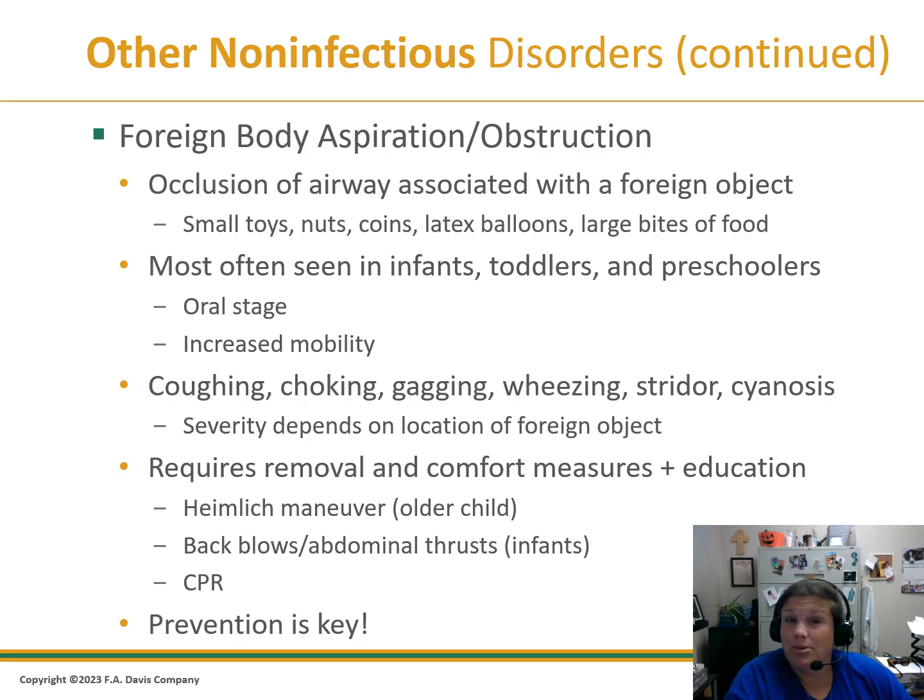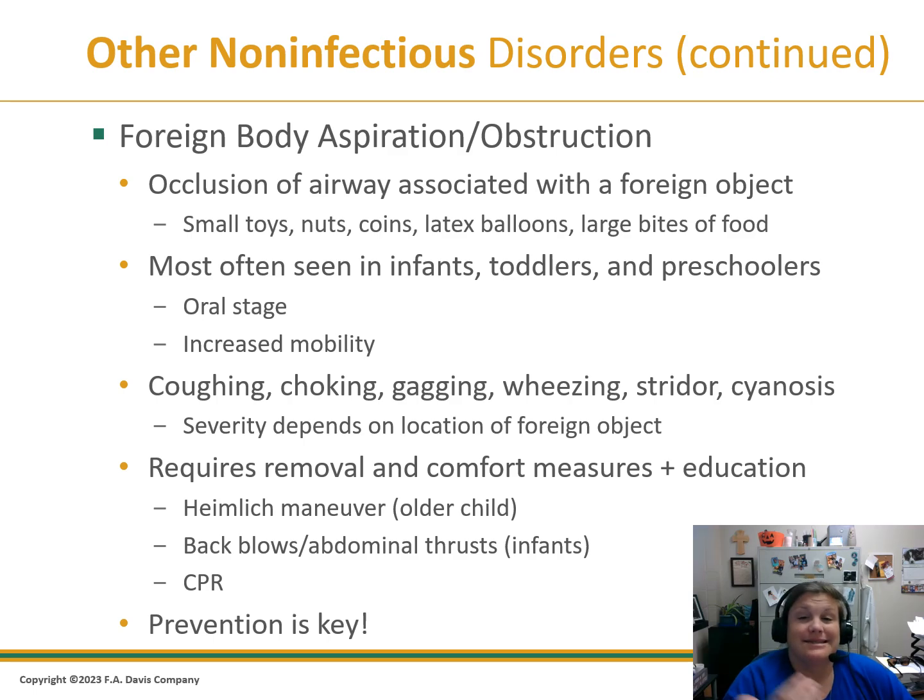That could be an edible object, like something that they ate that got stuck, like a nut or a hot dog or a grape or some popcorn, whatever. Or it could be an object that's not edible, like a small toy or a coin or a piece of a balloon, battery, okay, all different potentials.